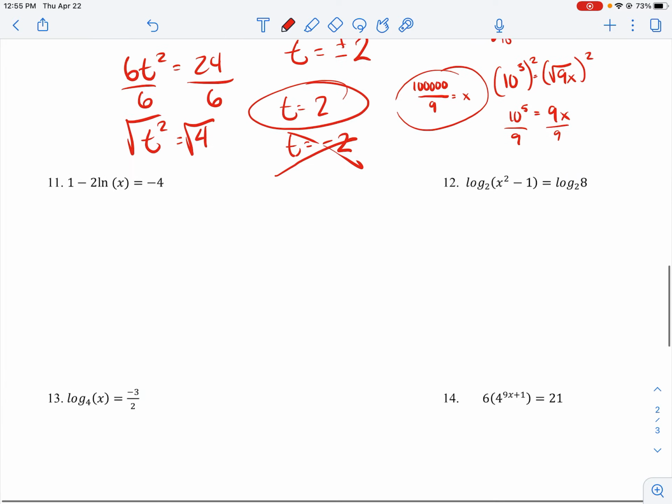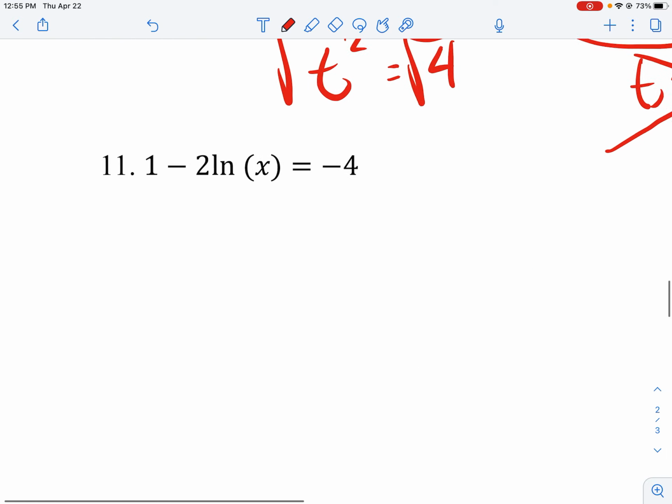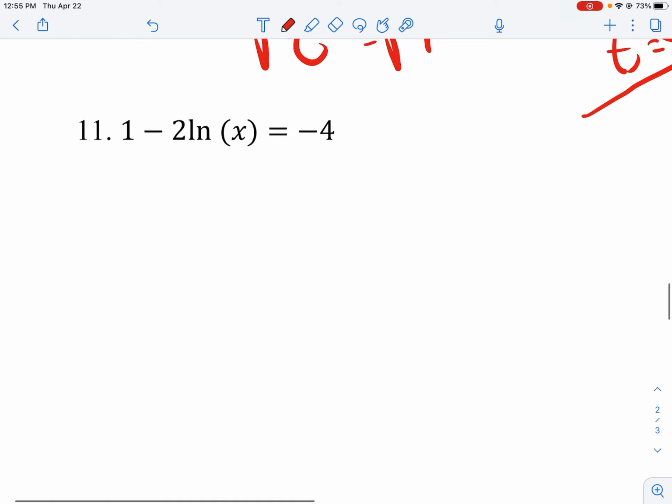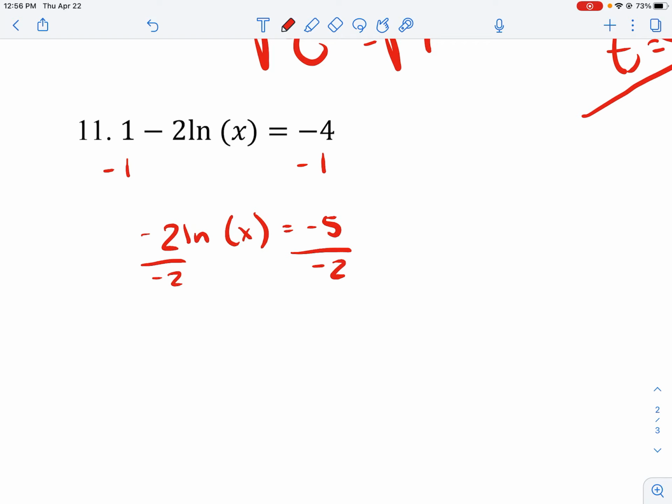Let's go to number 11. Again, natural logs, we're going to have to use some form of e here. So before I can do that, I need to get this guy by itself. Negative 5, divide by negative 2, divide by negative 2. So now I have natural log by itself, and I got a positive 5/2. Remember, 2 negatives equal positive.